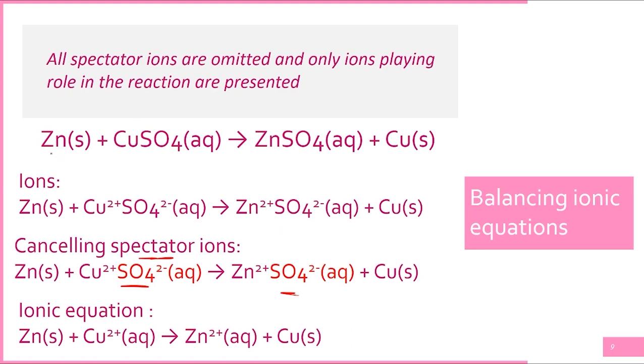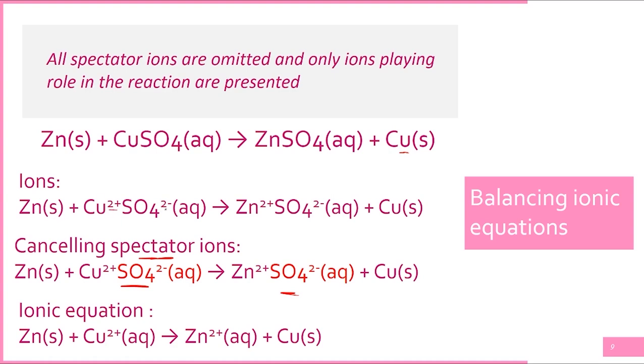To understand better, let's apply this on an example: the reaction of zinc metal with copper sulfate to give zinc sulfate and copper metal. To be able to identify the spectator ions, we need to write the charge on all ions. Remember, only ions.